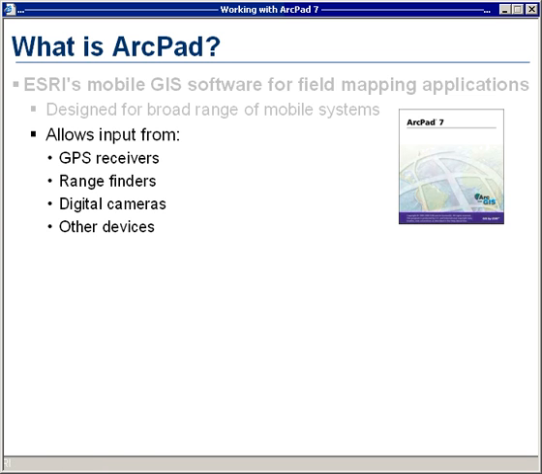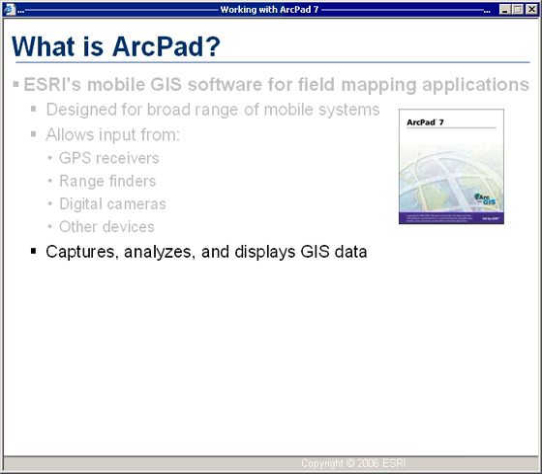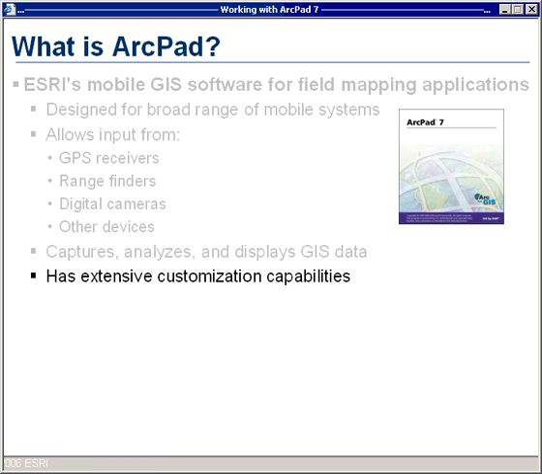With ArcPad, you can integrate GPS, rangefinders, and digital cameras into GIS data collection. ArcPad includes out-of-the-box functionality to display, capture, and analyze GIS data in the field. ArcPad is easy to customize to your specific applications with or without programming.